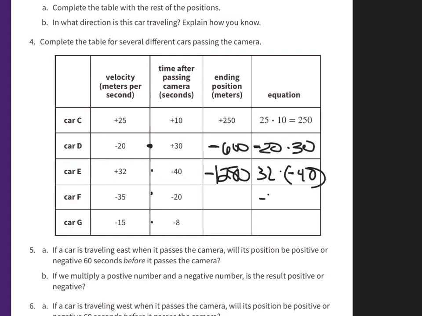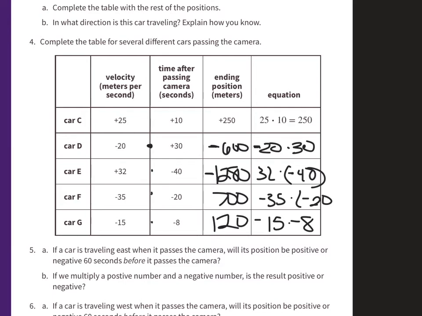Negative 35 times negative 20 is positive 700, and negative 15 times negative 8 is positive 120.